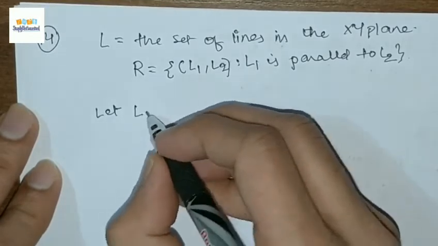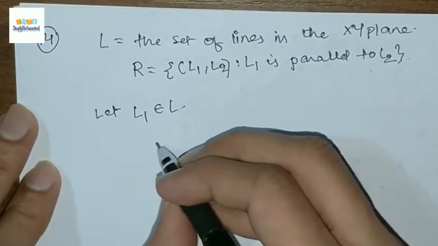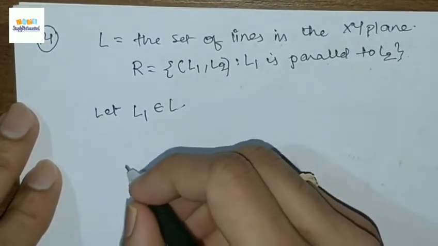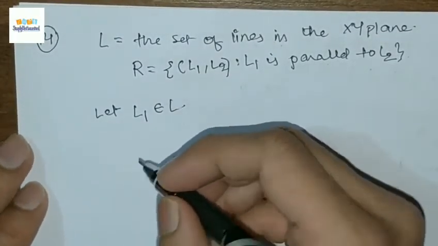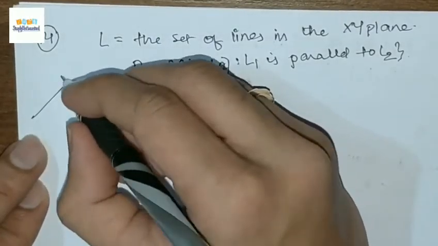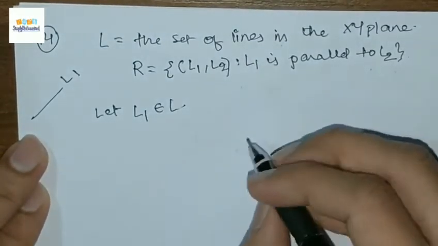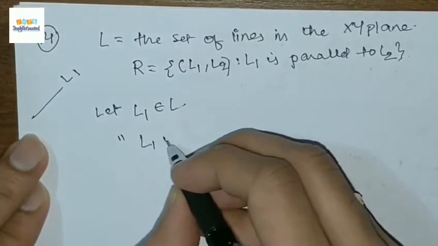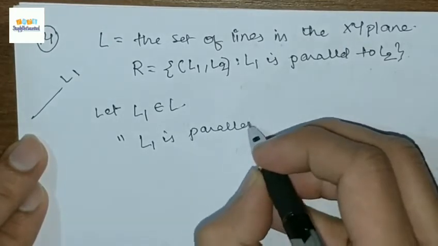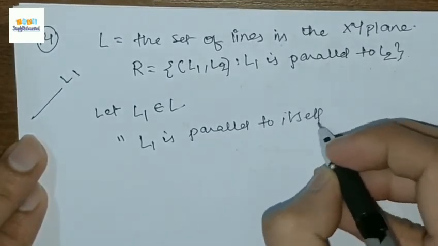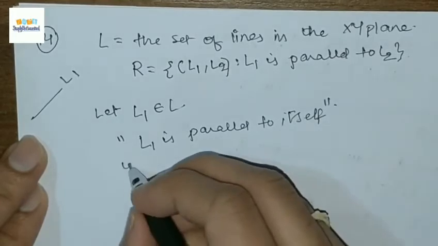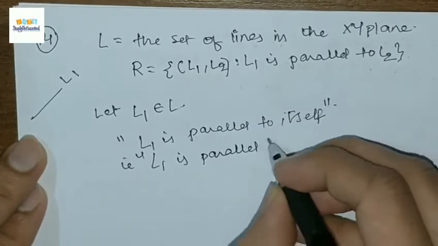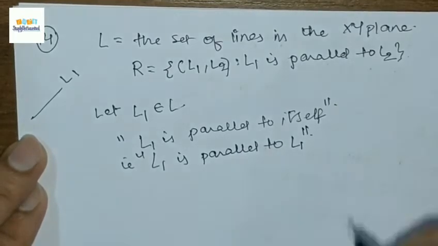Let L1 belong to the set L. Now you know that every line is parallel to itself. So this line L1 will be parallel to itself, that is L1 is parallel to L1.